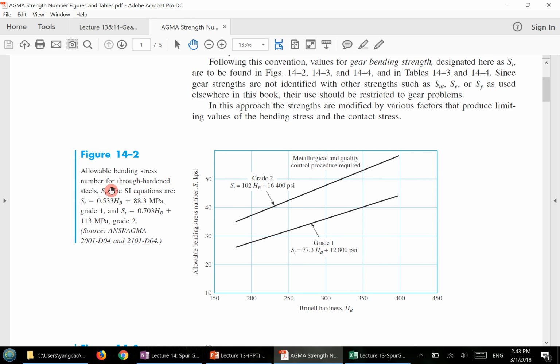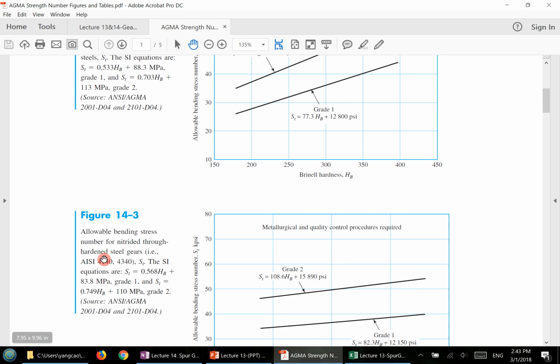It gives you the allowable bending stress number for through hardened steels. And 14-3 gives you the allowable bending stress number for nitrided through hardened steels, so there's a slightly different surface process there.